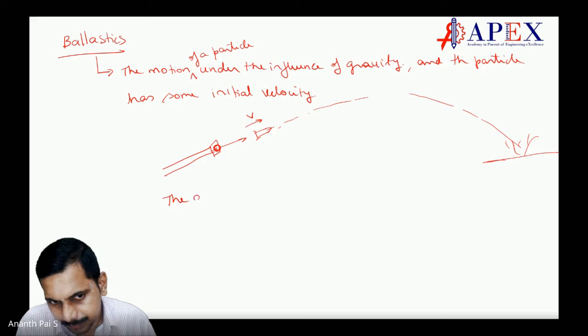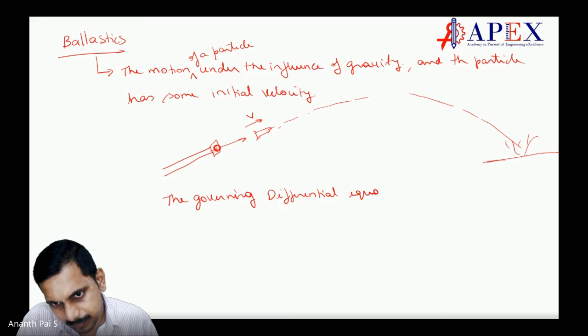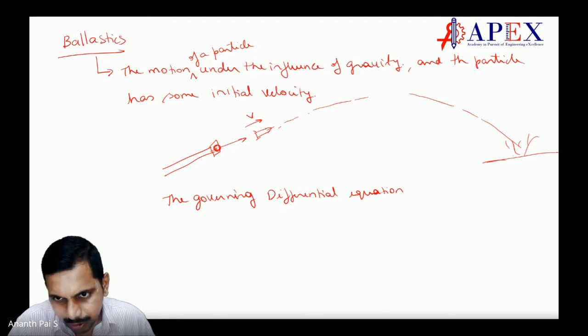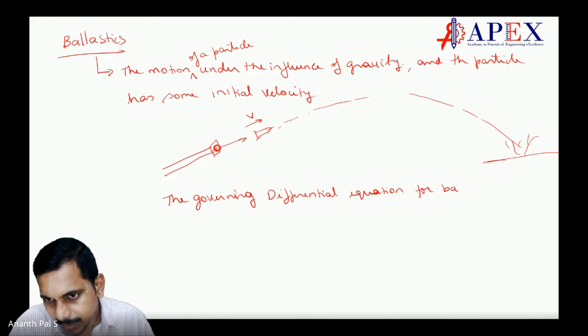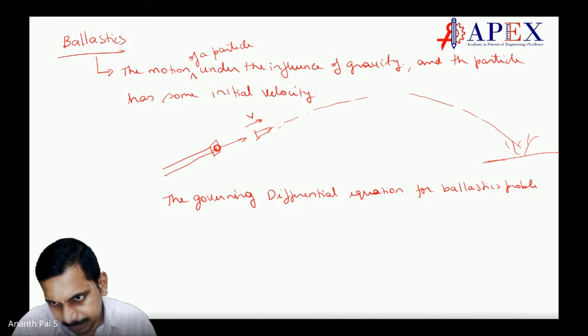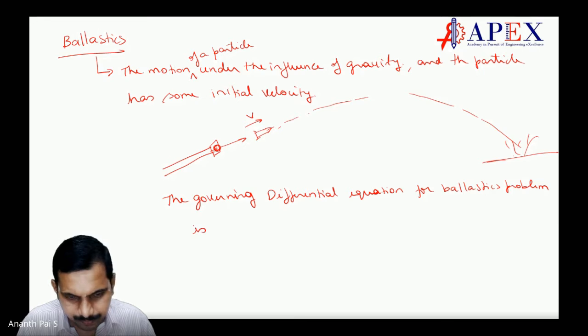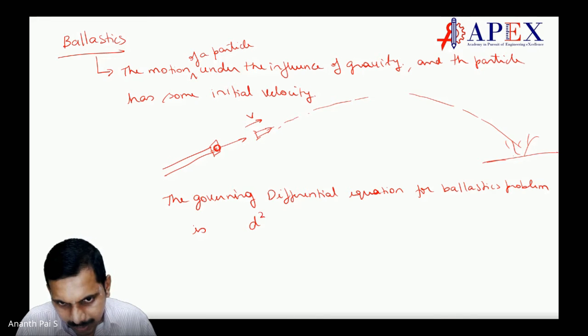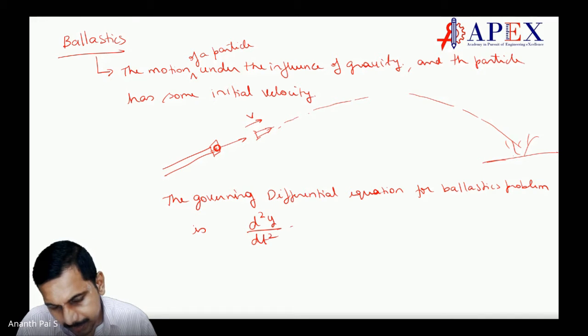The governing differential equation for the ballistics problem is d square y by dt square is equal to minus g.